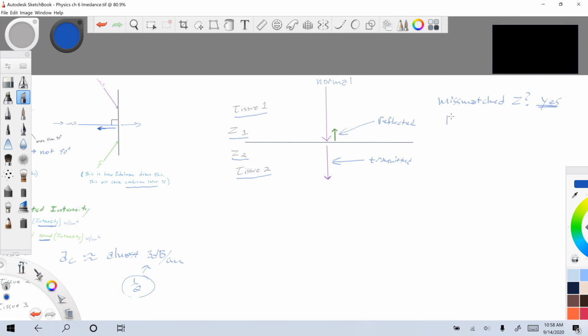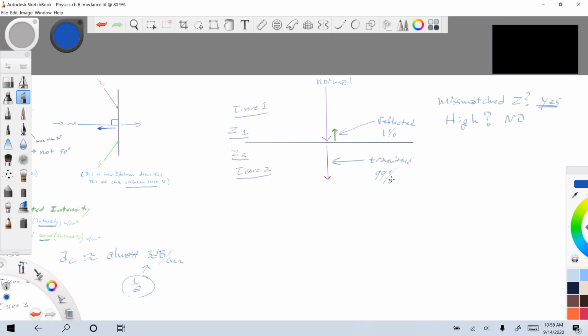Is it a high impedance mismatch? Well, the way I've drawn this, I'm going to say no, because we'll just say this is 1% and this one is 99%.